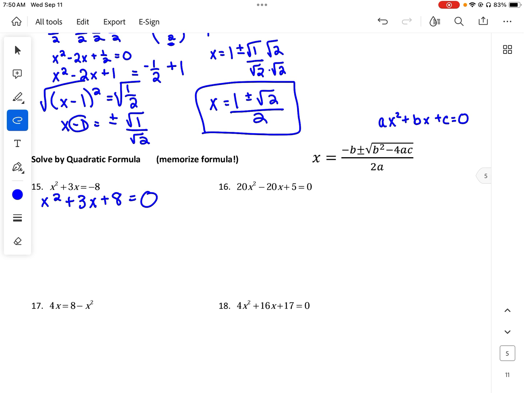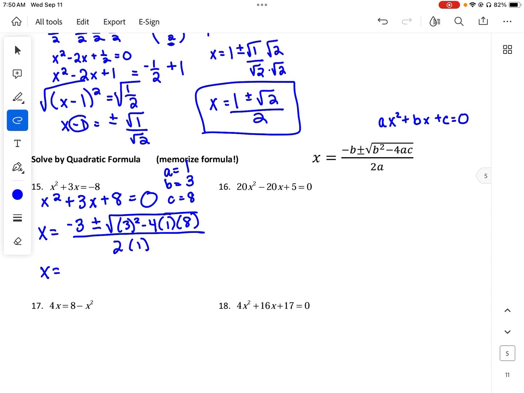So what I like to do is go ahead and write a is 1, b is 3, c is 8. And then I do x equals -b plus or minus the square root of b squared minus 4ac all over 2a.